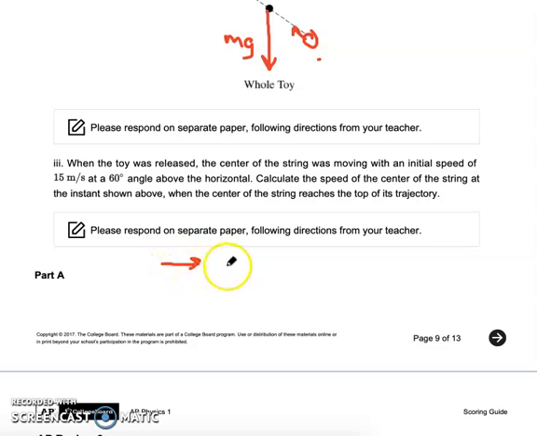So to get 2 points for this one, you just basically have to say that the v at that point is vx, and some indication you want to find vx, and that would be equal to the original launch speed times the cosine of the angle. So you would just put in 15 cosine 60. Cosine of 60, I think, is a half. Sine of 30 is a half, yeah. So you should put 7.5, and don't forget units. For whatever reason, they're counting units on this one. Okay, so that sums up those two problems.